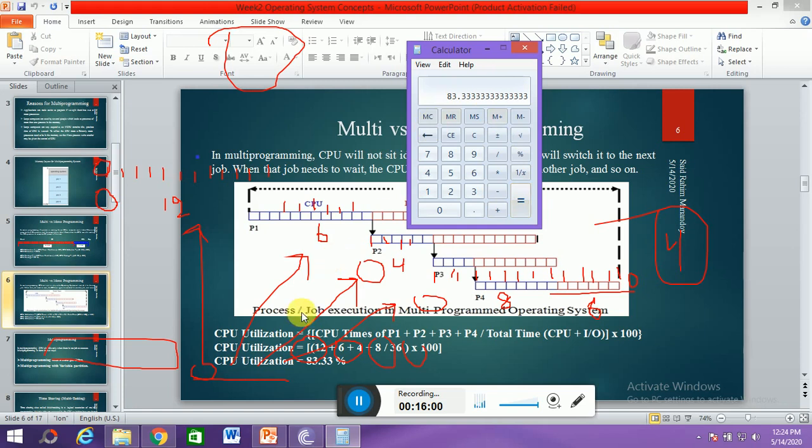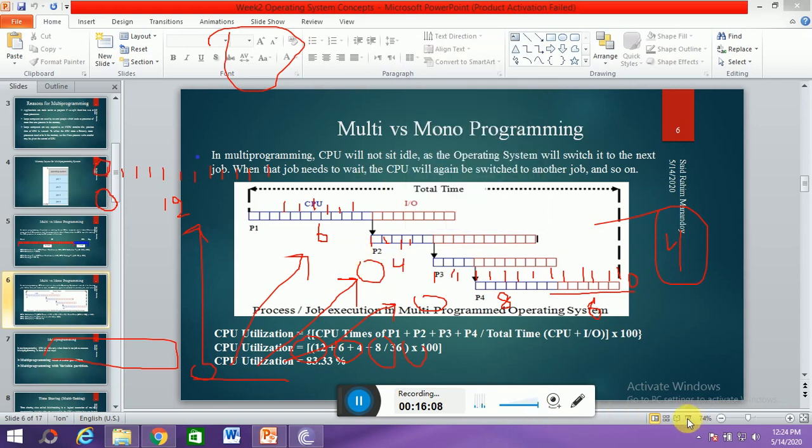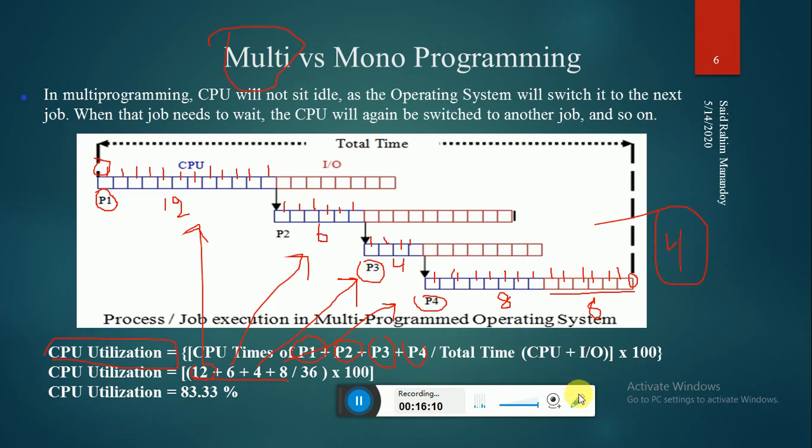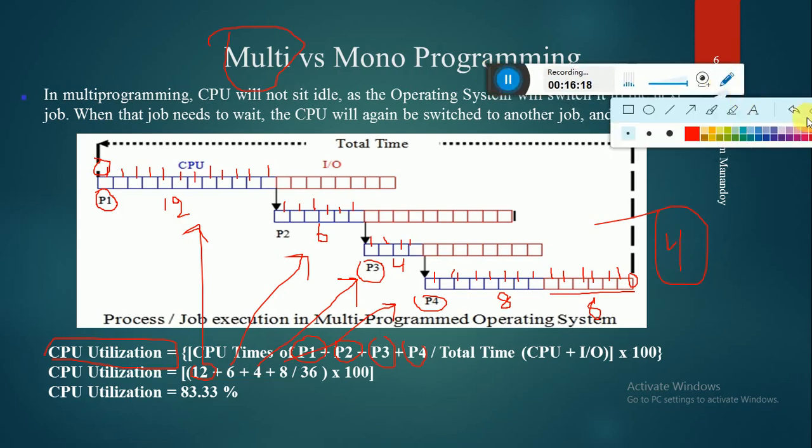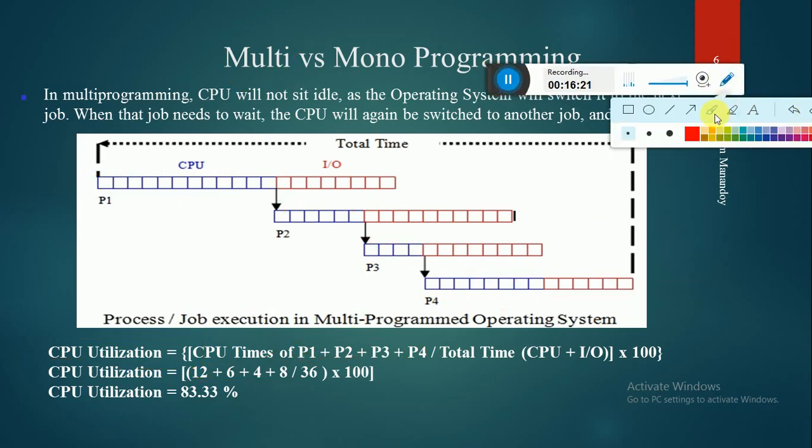So you can see the result of this one: 83.333% time of CPU is utilized, meaning that 83% of CPU is utilized in this scenario. Let me erase this first so that you can see it clearly. Okay, so in this example, 83% time of CPU is utilized.